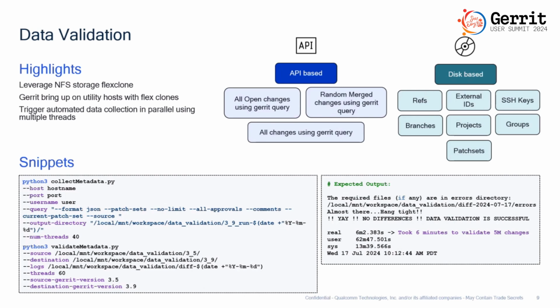The number of threads used in this snippet was 40, meaning 40 threads are running the Gerrit queries. For validation, similar effort, but with 60 threads. If you look at the output, yay, no differences. Data validation is successful. It took about 6 minutes. That's the speeding up of the process that I mentioned earlier, and that's what we achieved at the end.